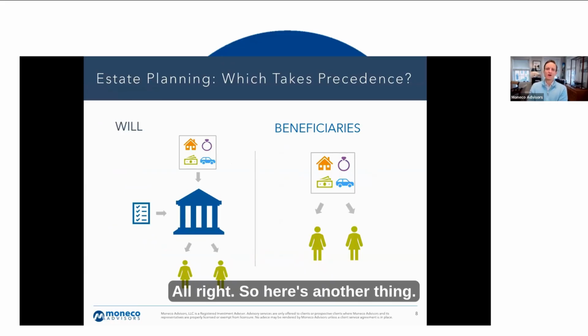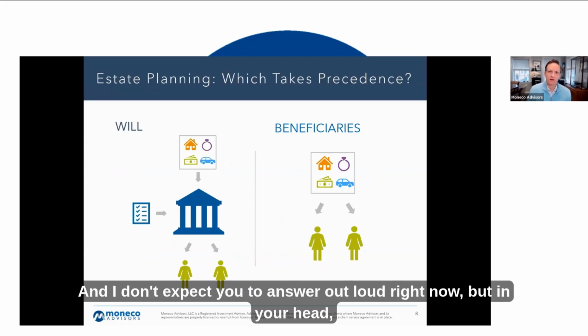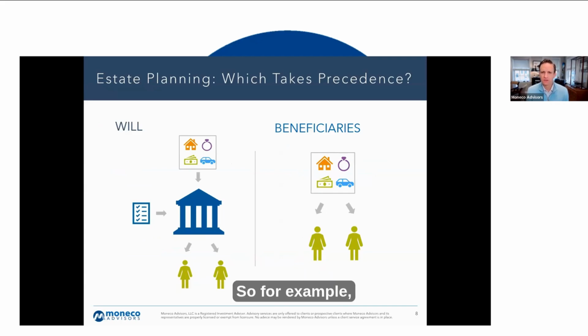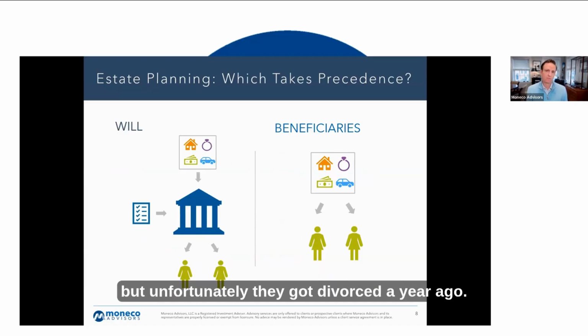All right. So here's another thing. I get this all the time. And as a matter of fact, I see issues with this. Which one takes precedent? I don't expect you to answer out loud right now, but in your head, if you have somebody named in your will, does that take precedent or the beneficiary? So for example, we have a client theoretically, right? And she might have a big 401k and she had named her husband as a beneficiary on that 401k, but unfortunately they got divorced a year ago.